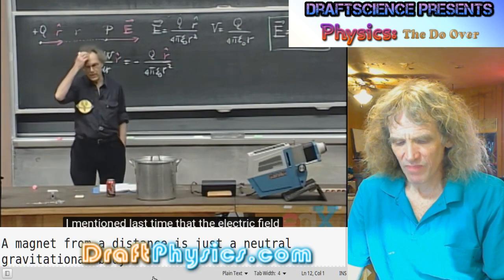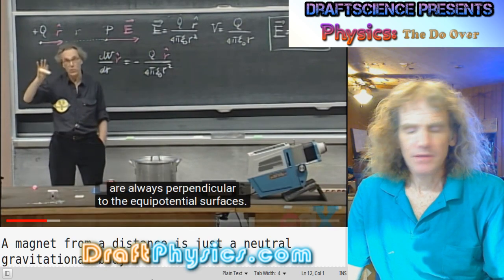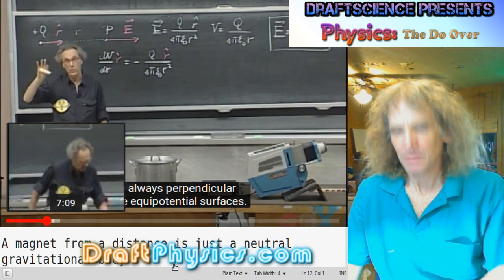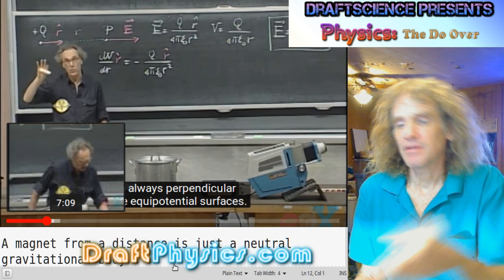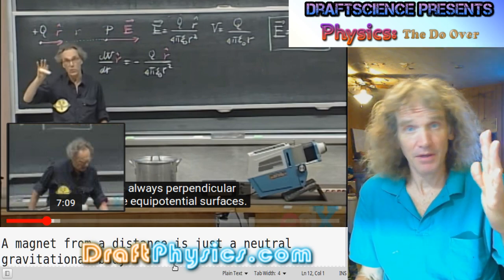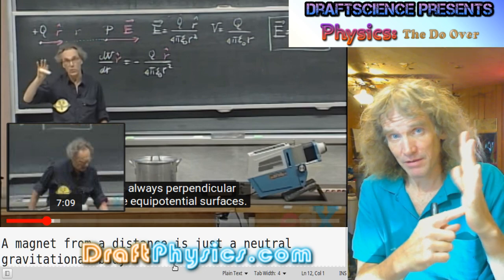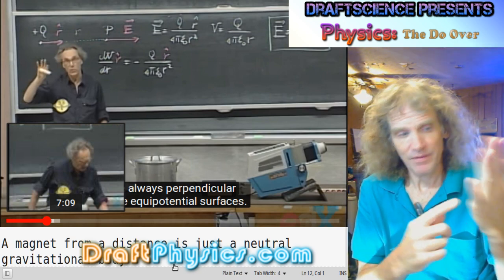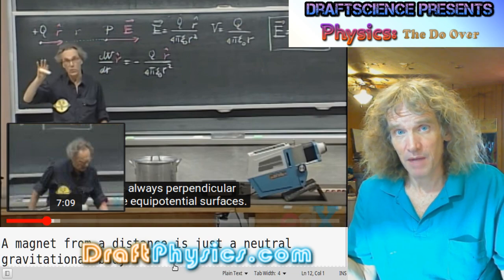I mentioned last time that the electric field is just a way of saying how disproportional is the energy coming from something in terms of how much red stuff versus how much brown stuff. If it's 50-50, then it's doing the same thing as gravity, no problem.